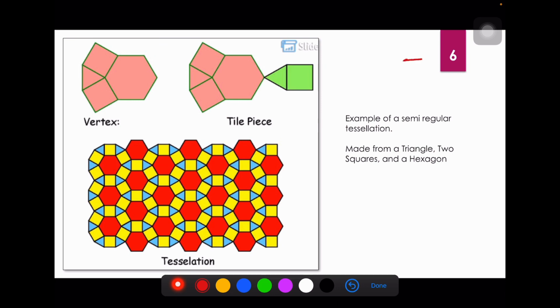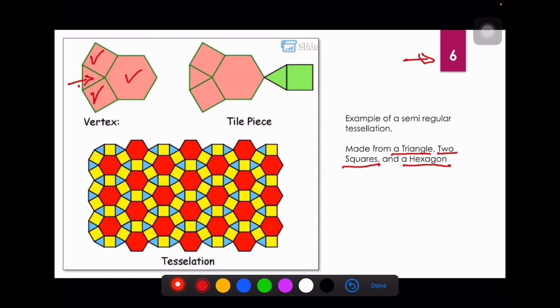The number 6 is made up of a triangle, 2 squares, and a hexagon. So we have a triangle. This is the triangle here, 2 squares, and a hexagon.